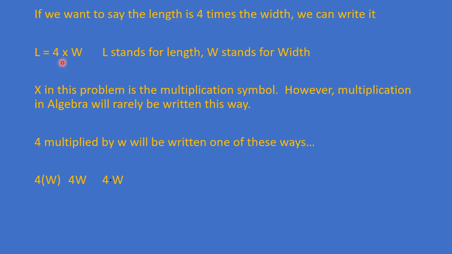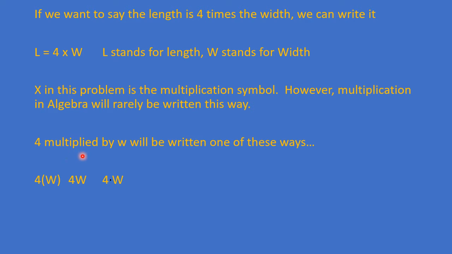X in this problem is the symbol for multiplication. However, you're going to find as we go into algebra, you will very seldom see an X for multiplication anymore, because a lot of times X will be used as a variable.